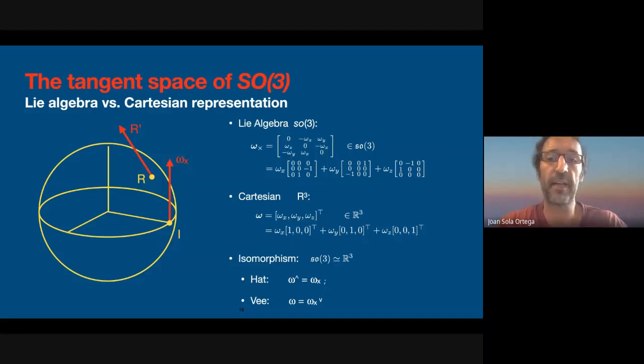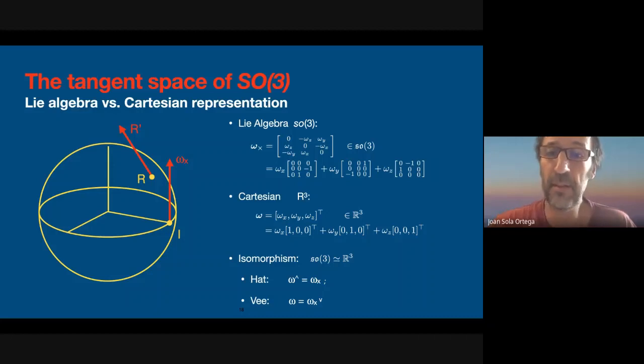You can see that this skew symmetric matrix can be written as a linear combination of 3 coordinates, omega x, omega y, omega z, multiplied by 3 constant matrices, which you can identify as a certain base to define the space of skew symmetric matrices.